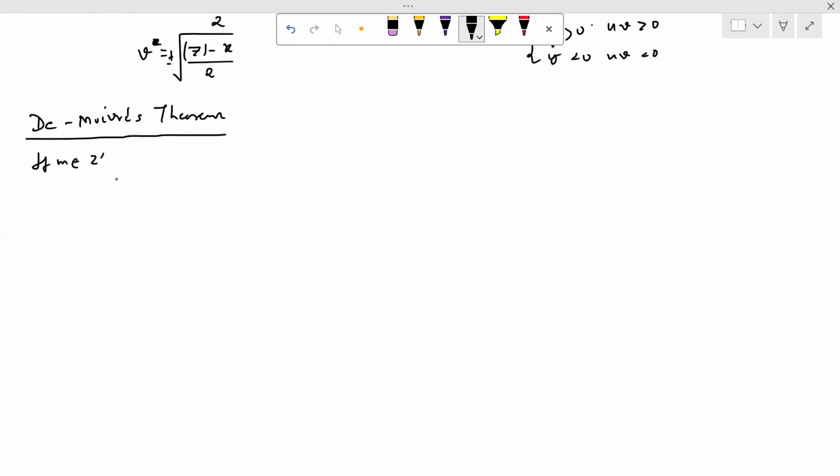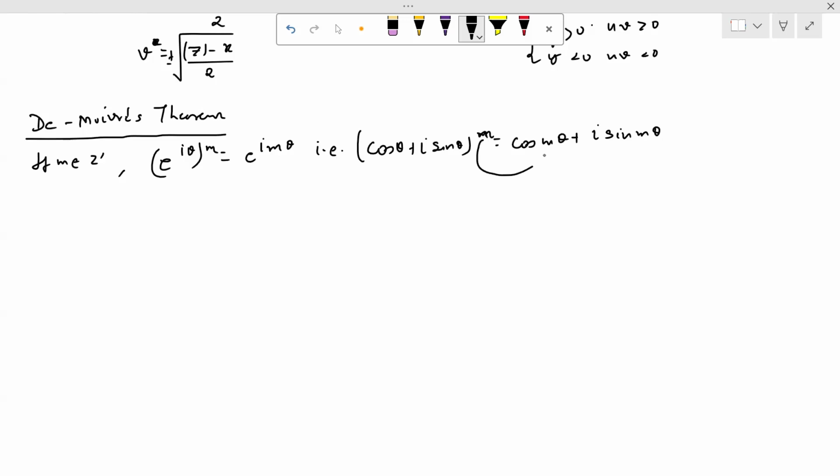If m is an integer, then e to the power iota theta, raised to the power m, is equal to e to the power iota m theta, which is equivalent to writing that (cos theta plus iota sin theta) whole power m is equal to cos m theta plus iota sin m theta. So basically, if you raise this power m here, it comes inside the argument of cos and sine. This particular theorem is a very celebrated theorem in classical mathematics. It is called De Moivre's theorem.